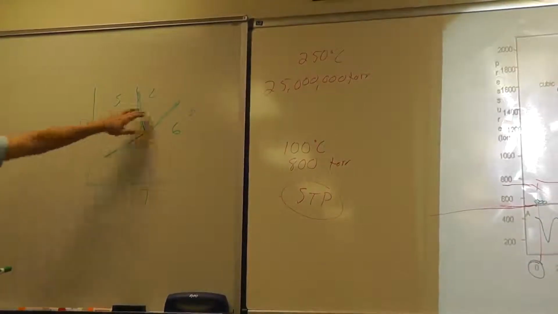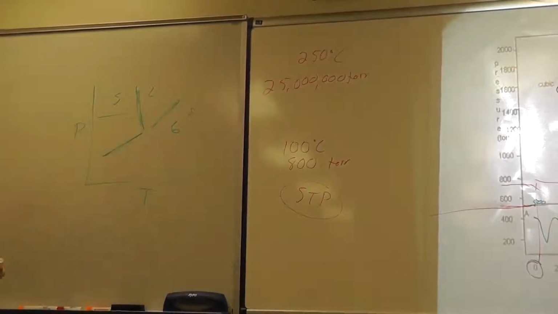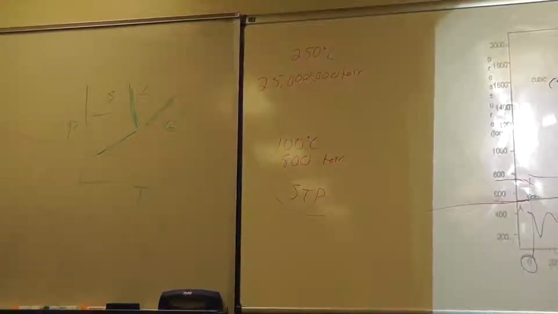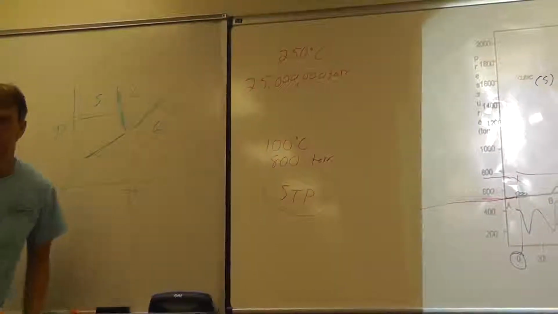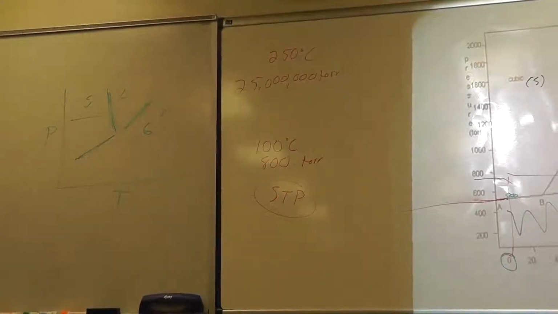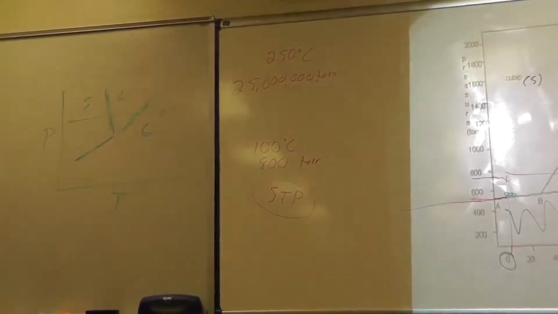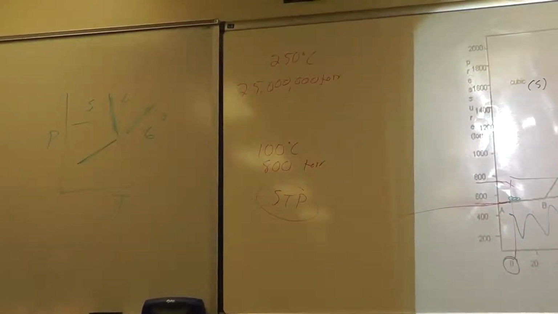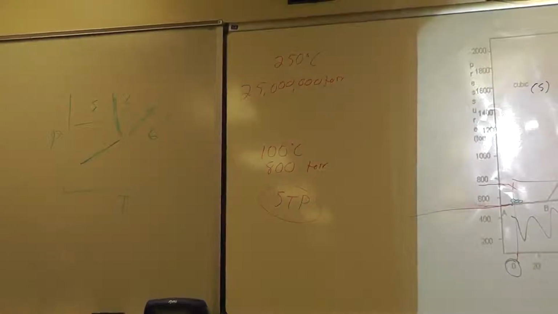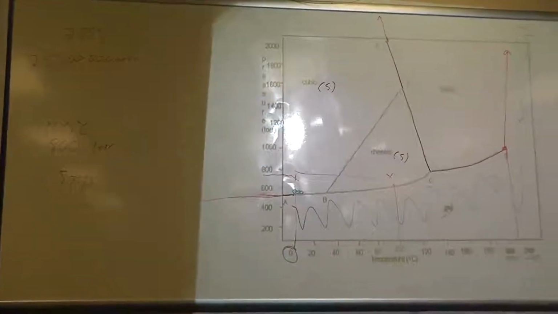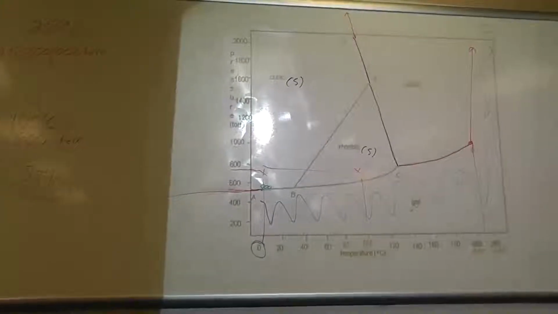The sections may be labeled, the boundaries definitely won't be labeled. So if you were asked which boundary represents boiling, as we did there, you should be able to find liquid to gas and know that the boundary between them is boiling. Or you could be asked, what form would exist at this temperature and pressure? Those kinds of things. Question about these?